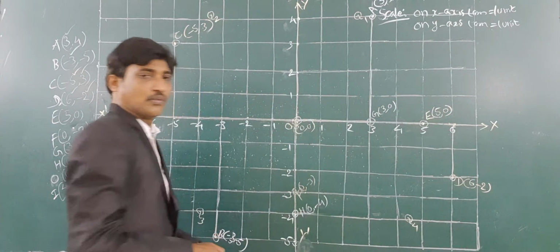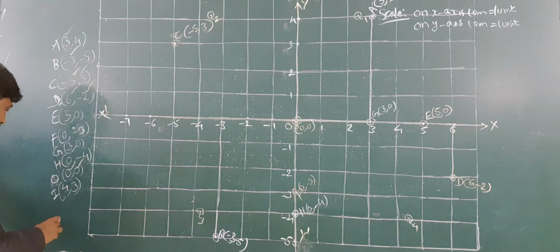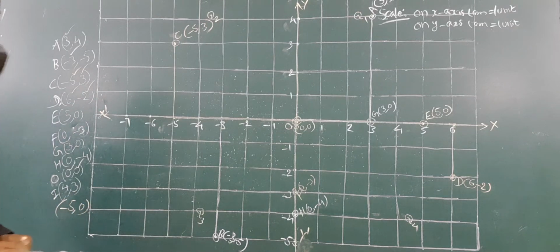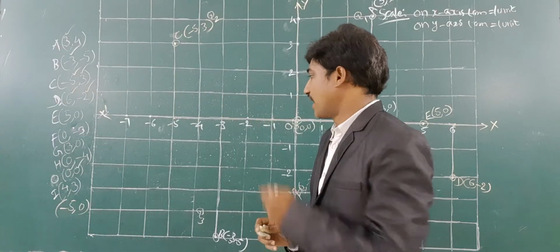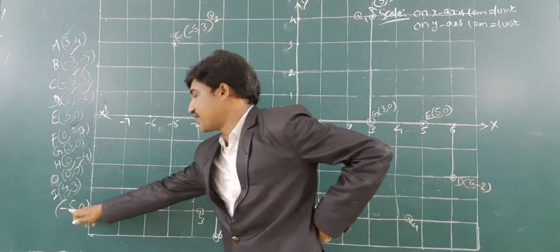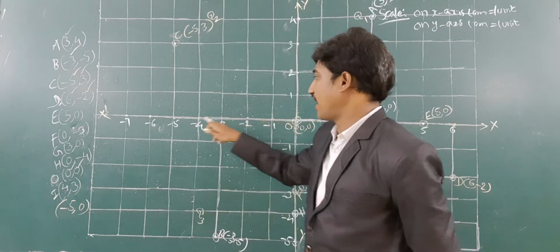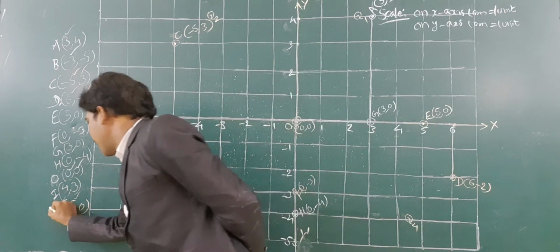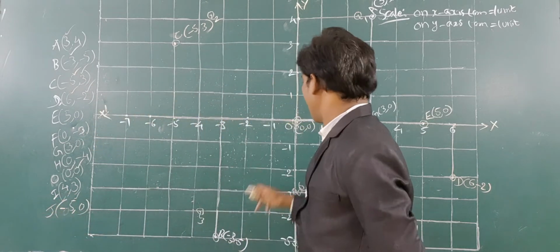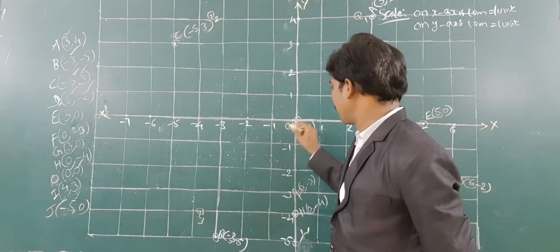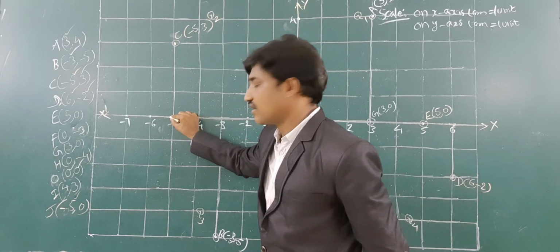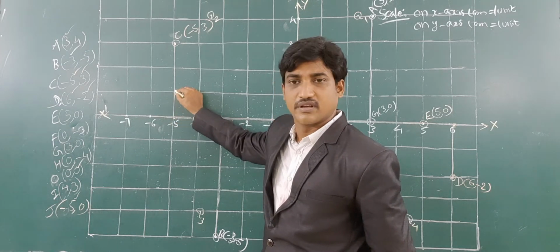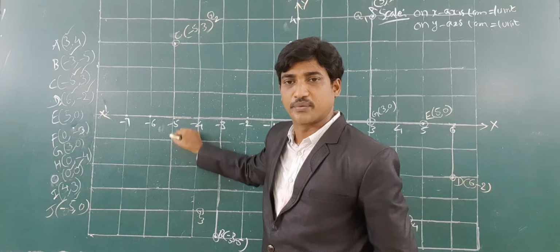Now let us take one more point: (-5, 0). Where is (-5, 0)? The x coordinate is -5. Move 5 units; as -5 is negative, move along the negative x-axis 5 units to get this point J. Then move upward if the y coordinate is positive, and downward if it is negative.